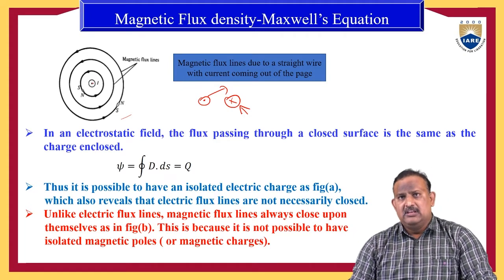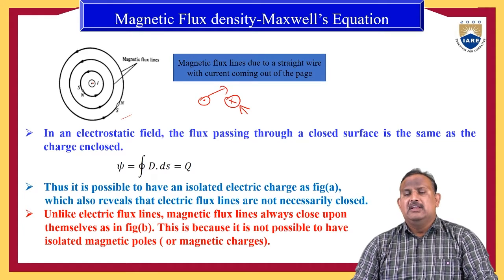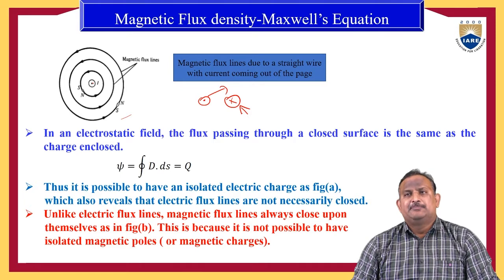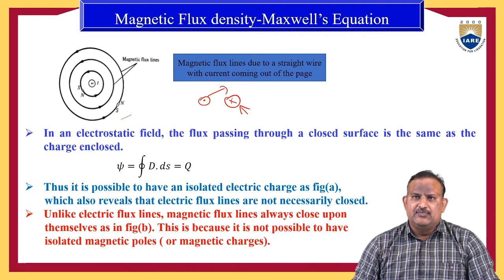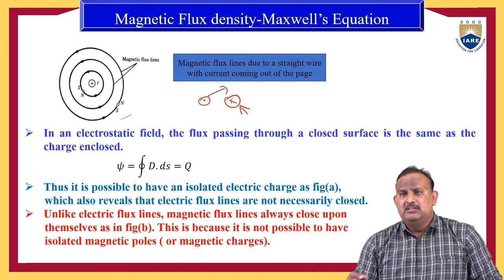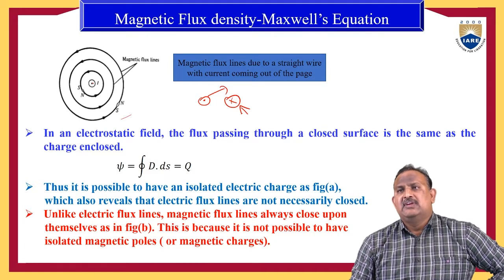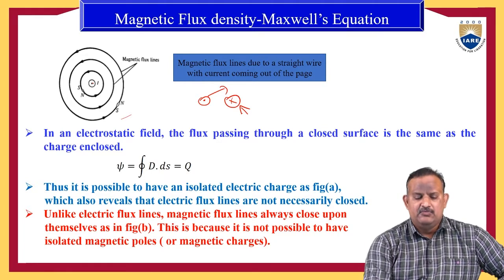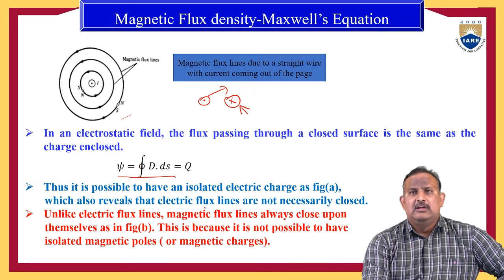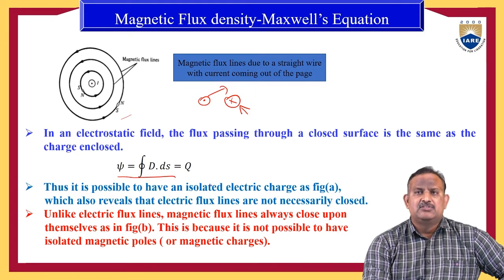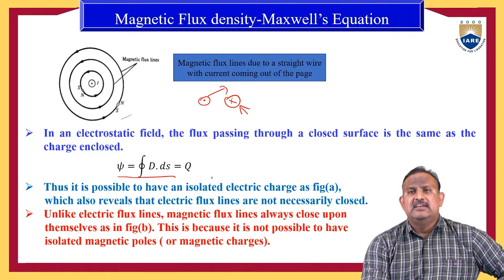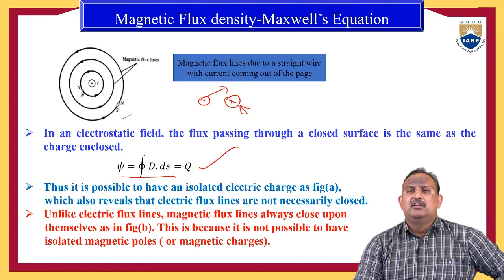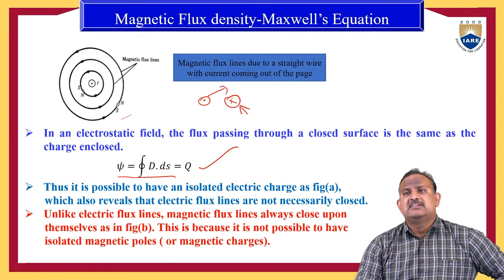Let us assume an electrostatic field. In an electrostatic field, the flux passing through a closed surface is the same as the charge enclosed. According to Gauss law, the flux psi is equal to the surface integral of D into dS, which is equal to the charge Q. Thus it is possible to have an isolated electric charge.